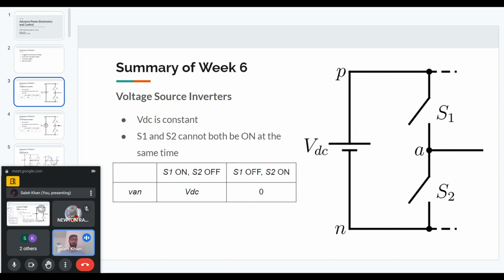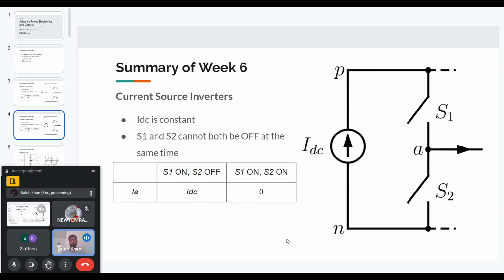The other option is that we turn off S1 and turn on S2. In that case, A will be directly connected to N, so the voltage across AN will be 0. In this way, we get these two voltages, VDC and 0, across VAN. By extending this concept to multiple half bridges or other scenarios, we can get the desired AC voltages. So this was voltage source inverters.